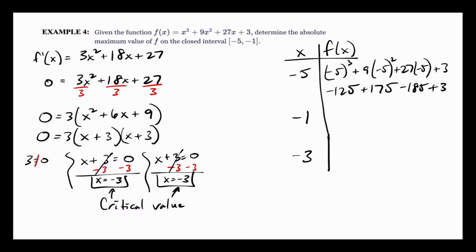So if I add these two guys up, I get 100. Subtract 135 is negative 35, plus 3 is negative 32.